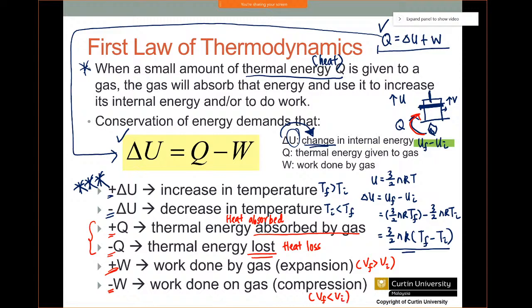Okay, so I give you 1 minute to memorize all this. Memorize the sign convention.